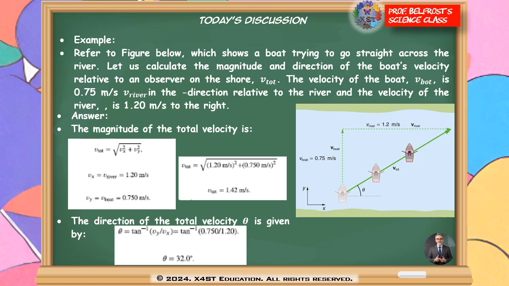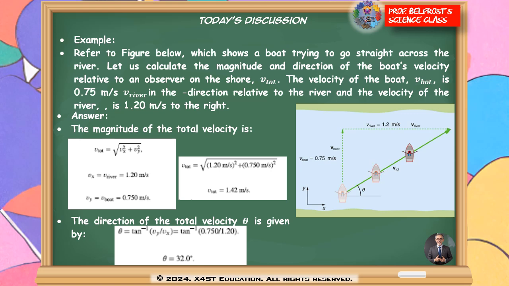The total velocity is the vx plus vy vector. You can see the vx component is actually 1.2, the river velocity. The vy is the boat velocity, which is 0.75, and you can take the square root of the sum of squares and obtain the result, which is 1.42 meters per second. And how about the direction?